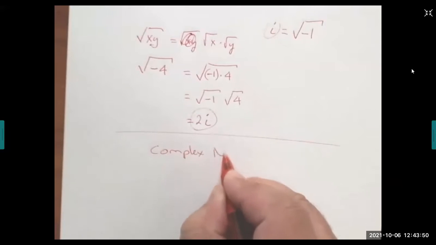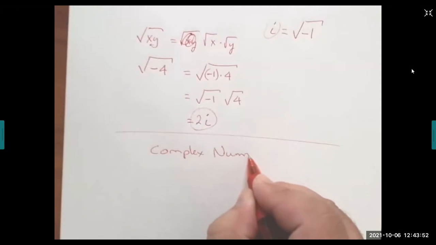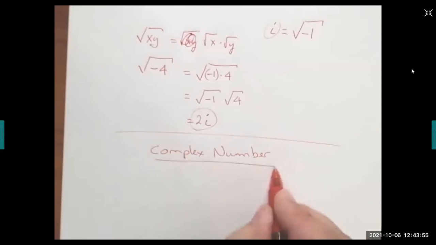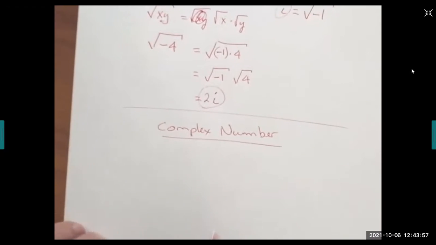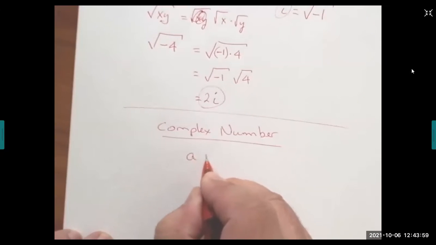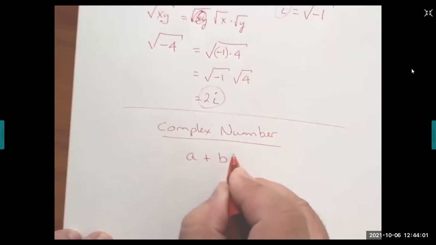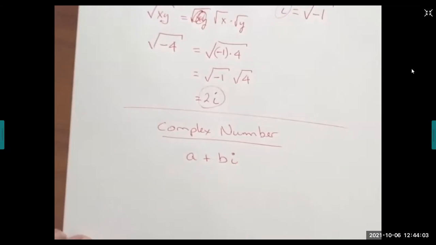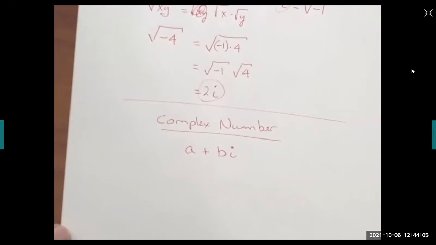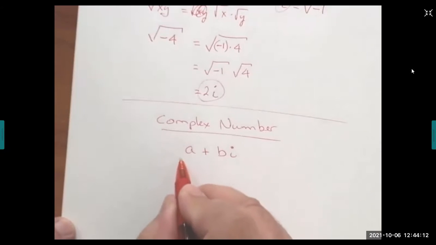So let's define a complex number. A complex number looks like this: a plus bi. The reason they call it complex is because it's made up of two different types of numbers.